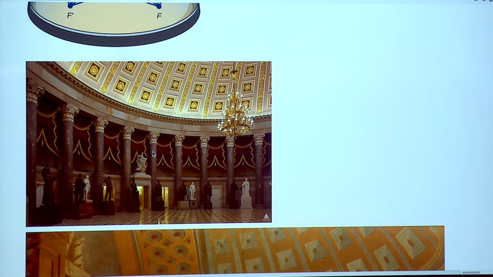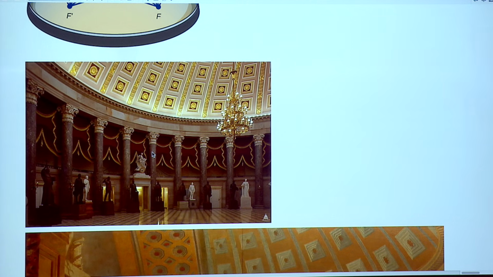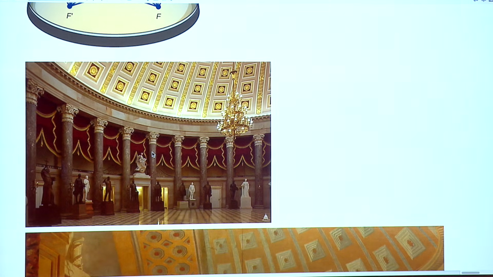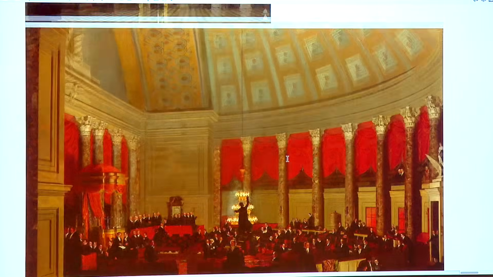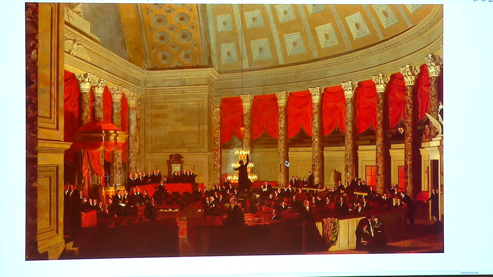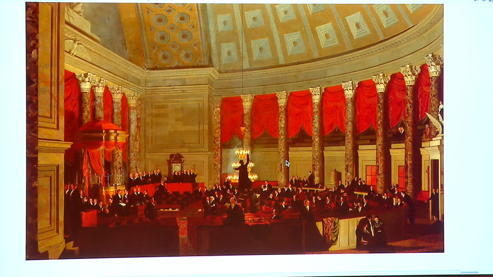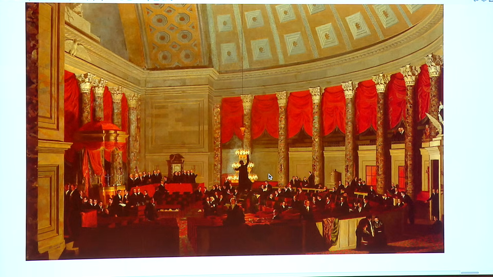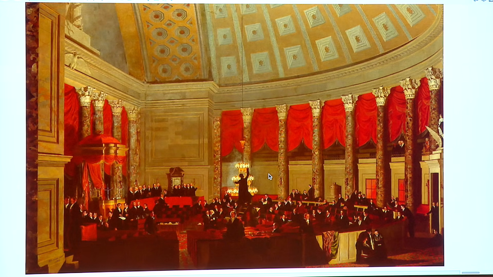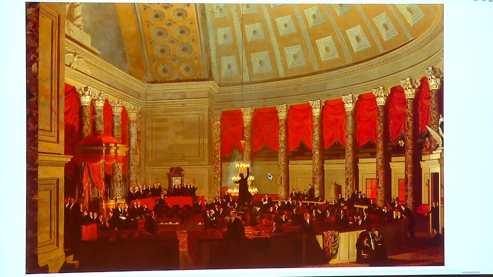It's this mostly elliptical dome. It used to be the place where representatives would meet in the old days. So in the 19th century, John Quincy Adams would go there and eavesdrop on his opponents by placing himself at the right point to hear what other people would say.